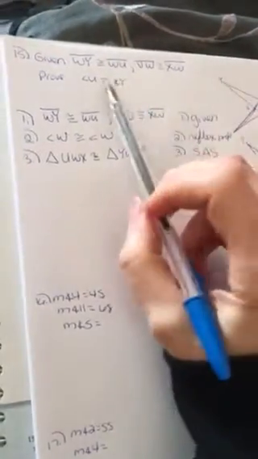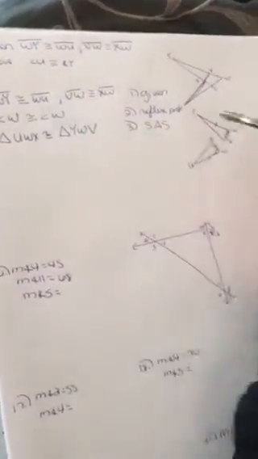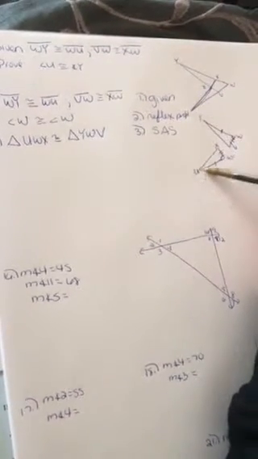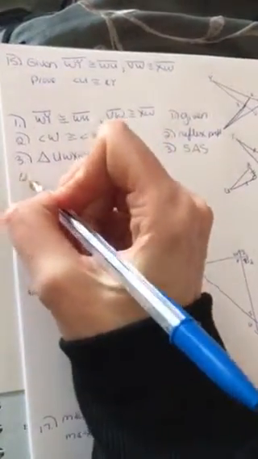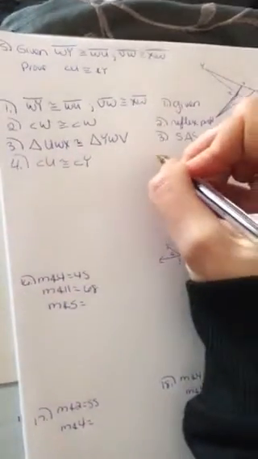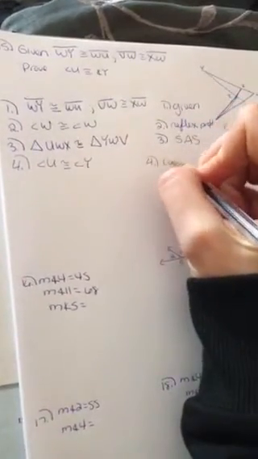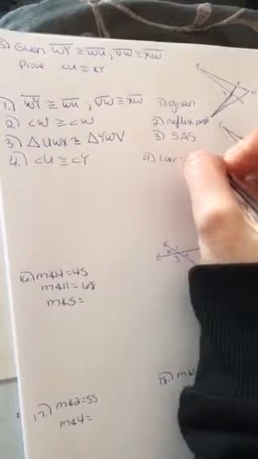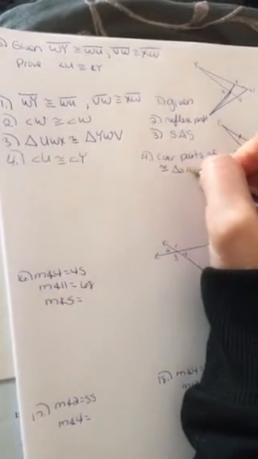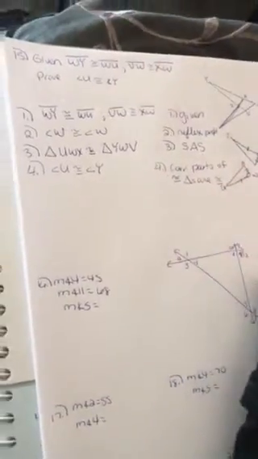All right, now I'm trying to prove that angle U is congruent to angle Y. So here's angle U and here's angle Y. They are corresponding angles of these congruent triangles, so these are congruent. Therefore, angle U is congruent to angle Y, and how do I know? Corresponding parts of congruent triangles are congruent. And that proof is done.